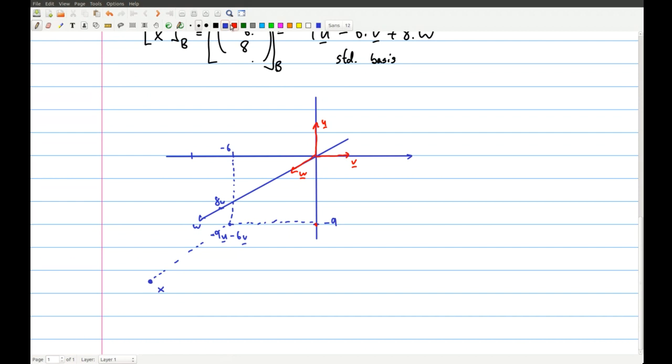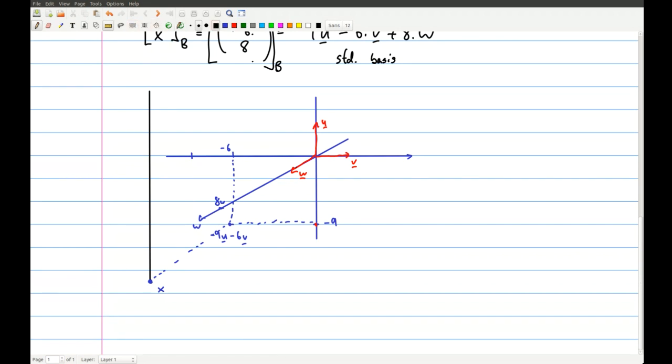And now, what happens when I transform this thing? Well, remember, it's just going to reflect it in this plane. So maybe I'll just do it a little bit more accurately. It's going to reflect it in this plane and plonk it up here somewhere.